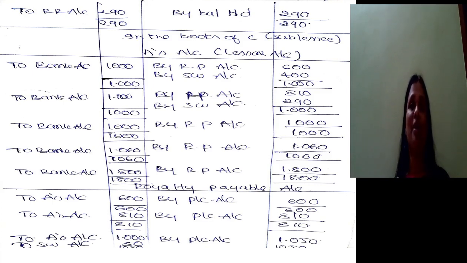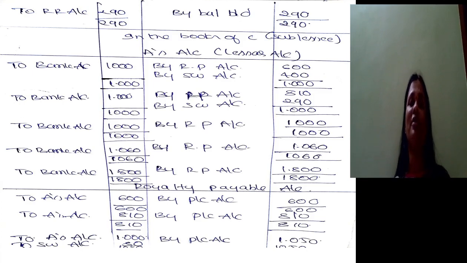So as and when a sublease comes, the only thing is one party, that is the lessee in the main lease agreement, will act as lessor also. So in case they ask us to prepare accounts or pass entries in the books of the main lessee, we need to prepare accounts or pass entries in the capacity of main lessee and even in the capacity of sublessor. This is what we should concentrate on, or what we should know in advance.